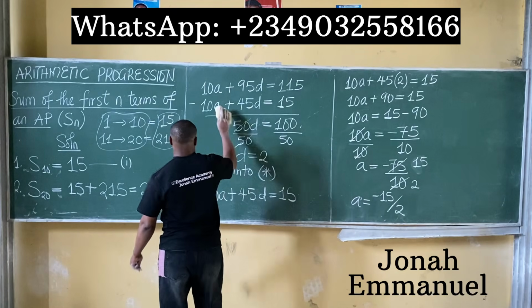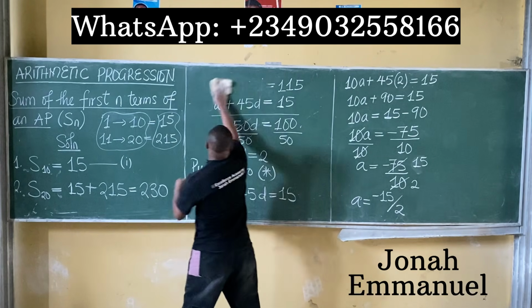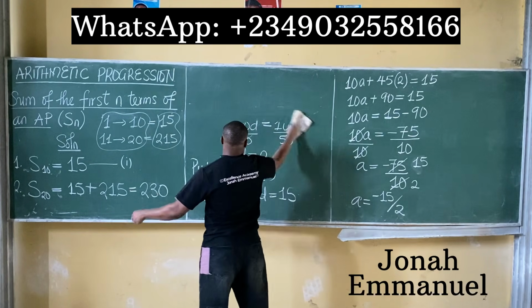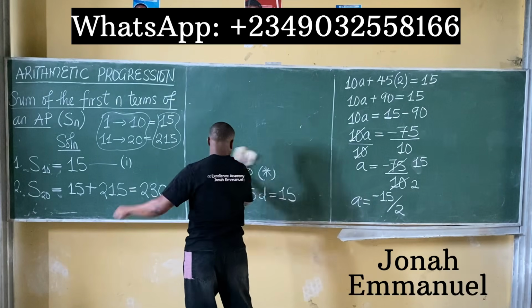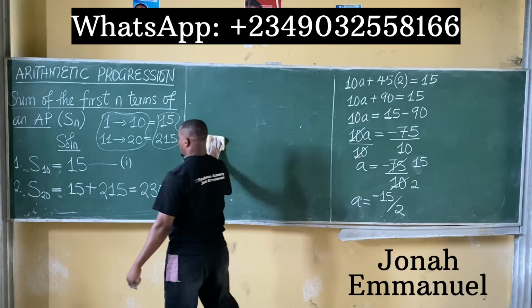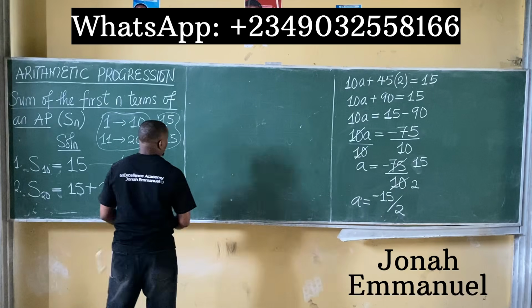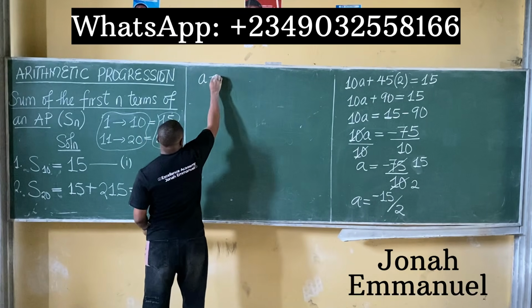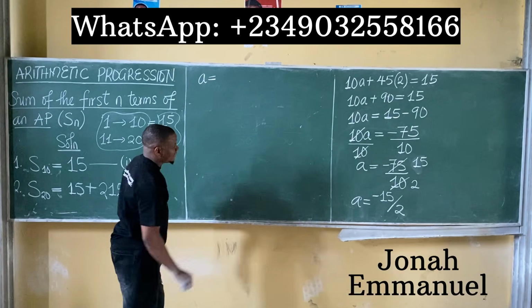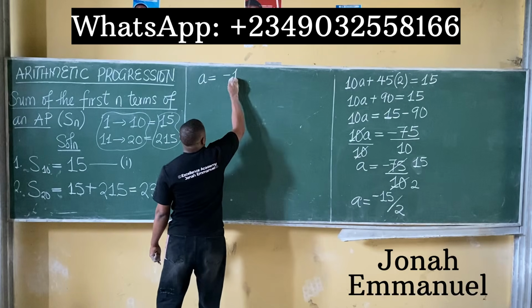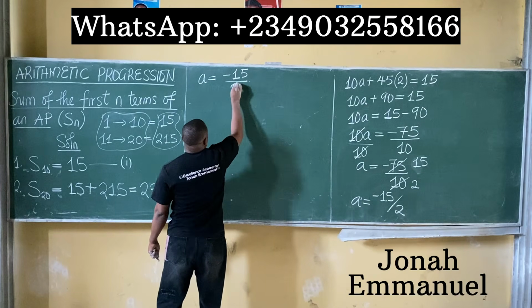So you have this. The question says we should find the AP. How do we find the AP? To find the AP, we need the first term, second term, and perhaps the third term. So let's see what that will give us. Let's get the first term. First term a is minus 15 all over 2.